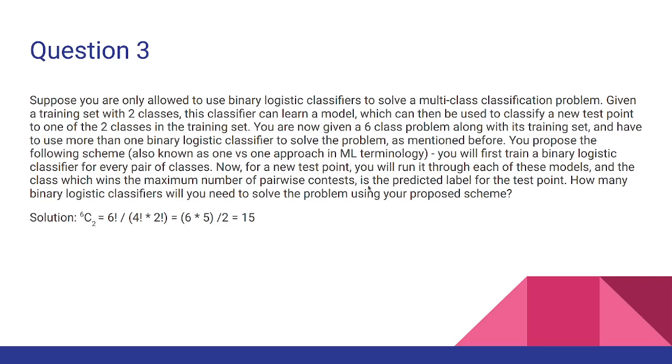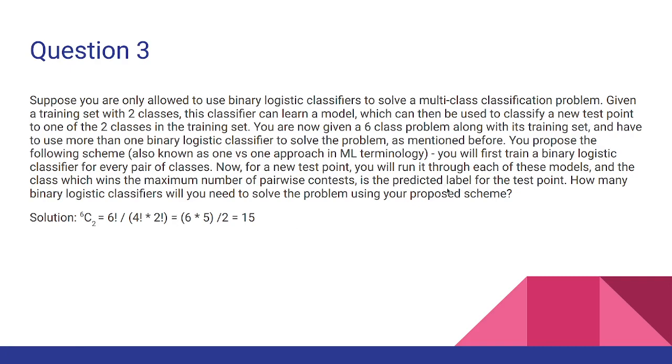For a new image, you give it to all the models, and whichever class wins the maximum number of pairwise contests is the answer. Suppose yellow is the maximum winner among all those, then I will say that it is yellow.